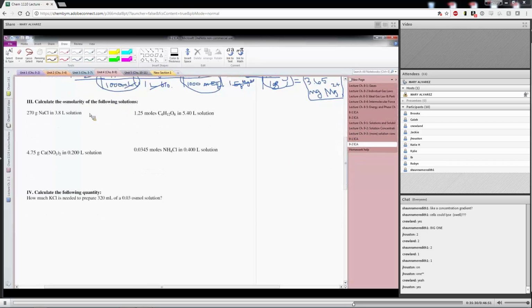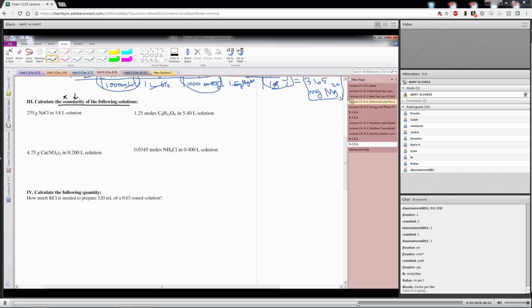Okay, so here, calculate the osmolarity. Remember, osmolarity is molarity first, and then multiply it by the number of species second. You guys already know how to calculate molarity, because the instant you hear the word molarity, you're going to go, what? What will you think? Moles per liter.